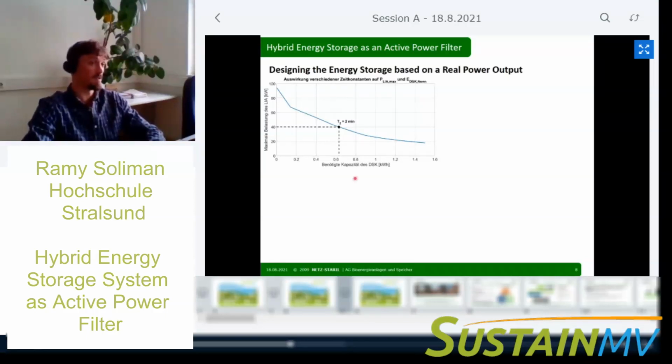So this diagram shows the maximum load of the lithium-ion batteries over the needed capacity for exactly this low power, maximum power for the lithium-ion battery.